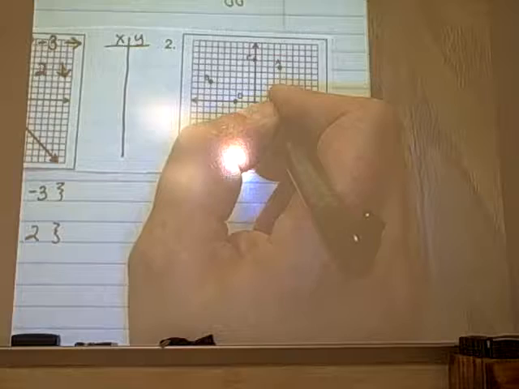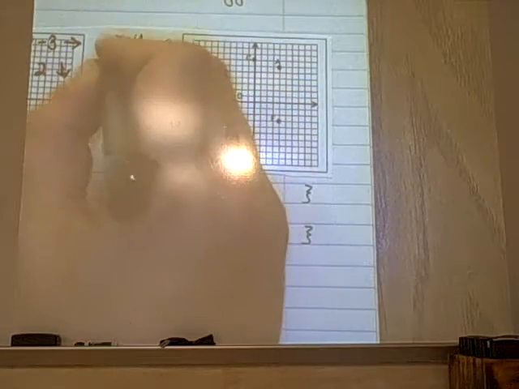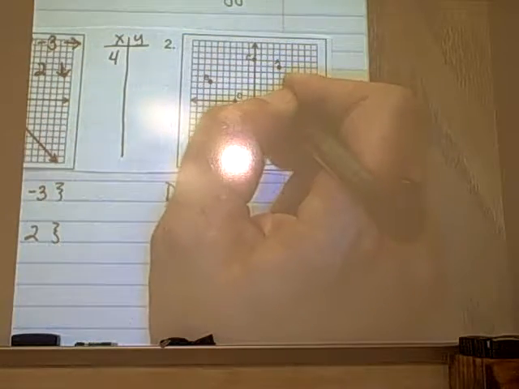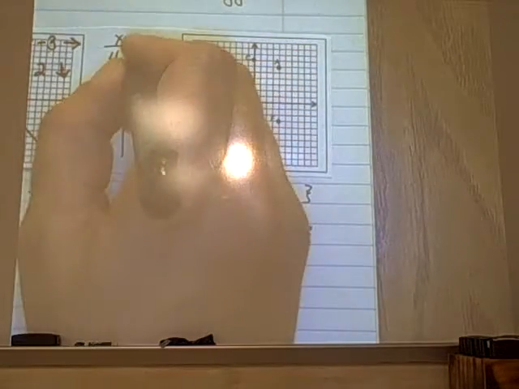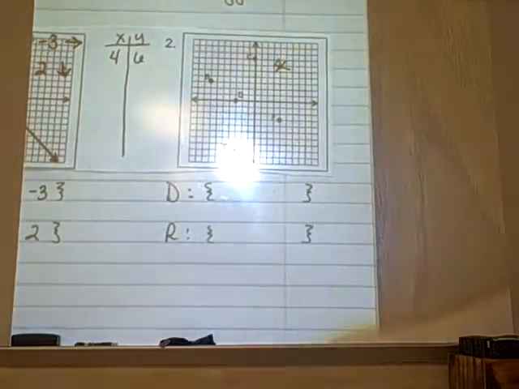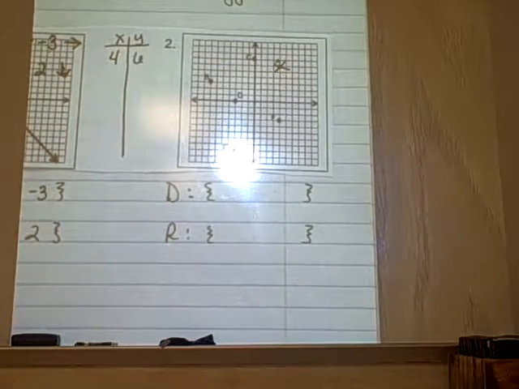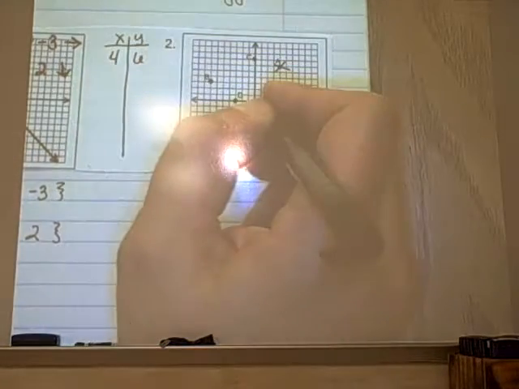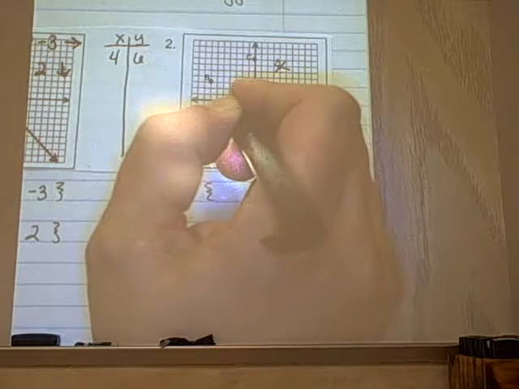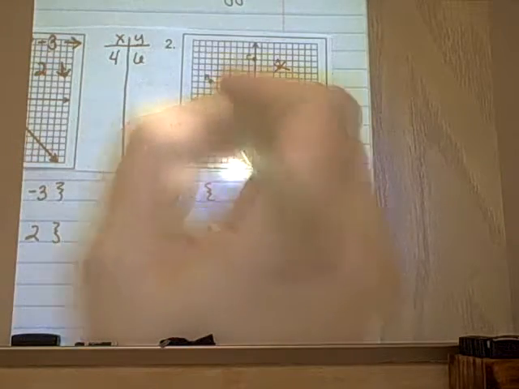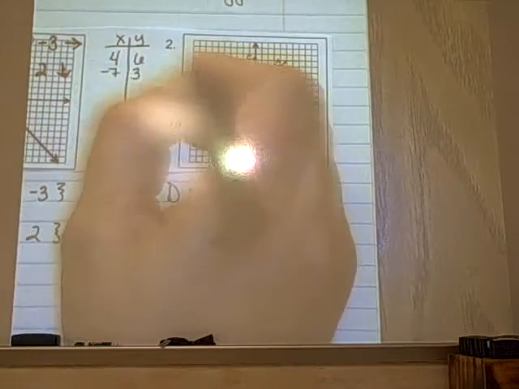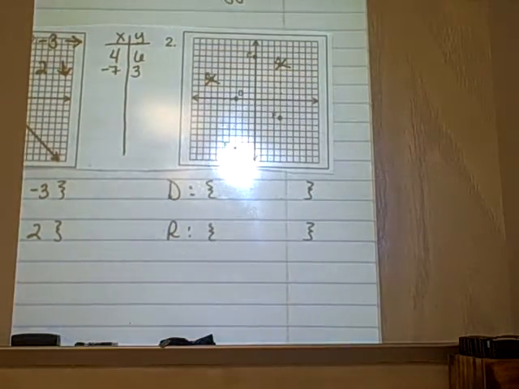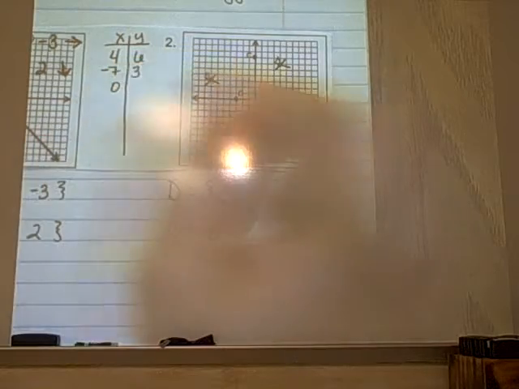So let's do A is 1, 2, 3, 4. Up 1, 2, whoops, 1, 2, 3, 4, 5, 6, up 6. 4, 6 is A. And I always X them out as I go, so that way I know I did them. Okay, B is 1, 2, 3, 4, 5, 6, 7, negative 7. Up 1, 2, 3. C doesn't go left or right, so that's 0.